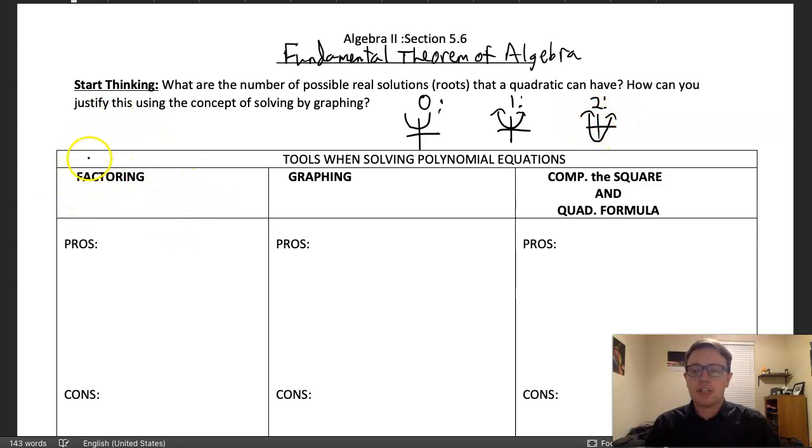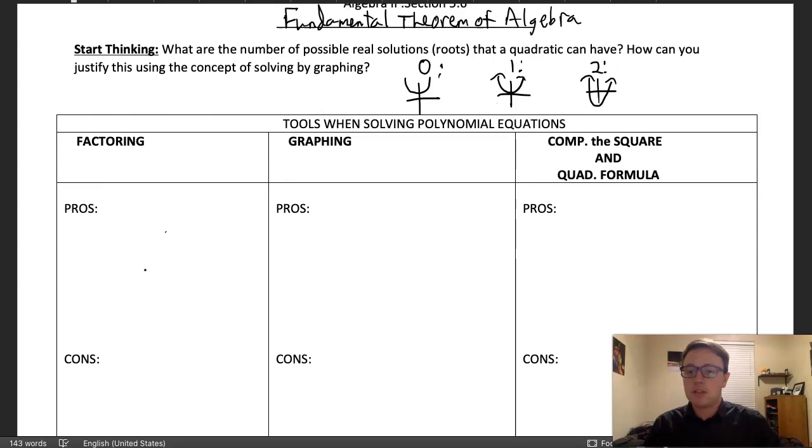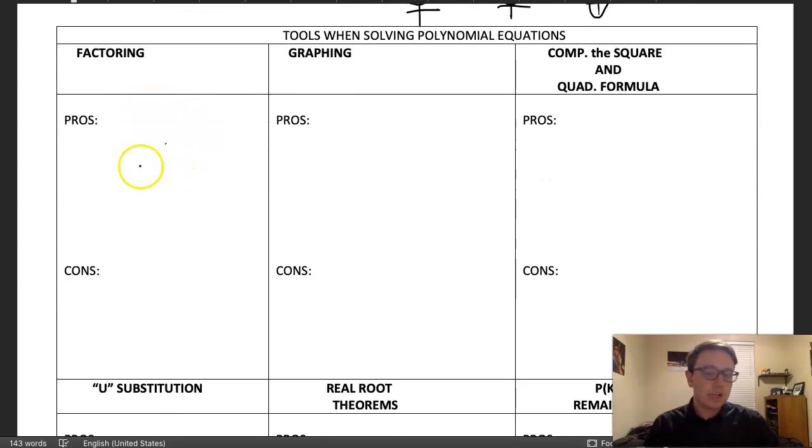Now, in today's lesson, we're going to be solving polynomials, so we need to cover all of the different ways we have learned to solve a polynomial. The first one we have is factoring. What are the pros we have for factoring? It's quick and it's pretty simple. What are the issues?